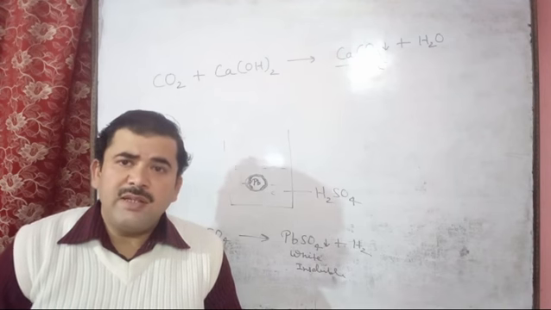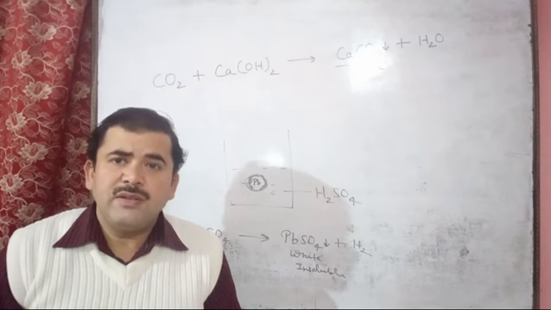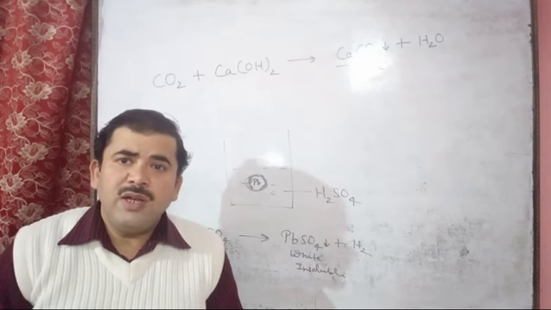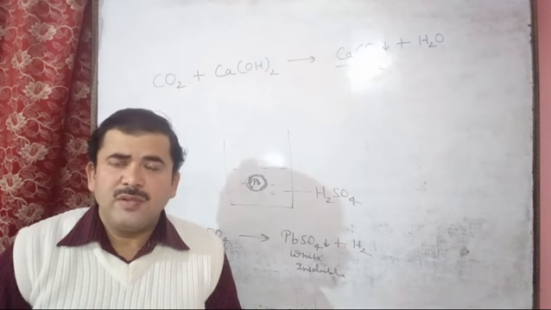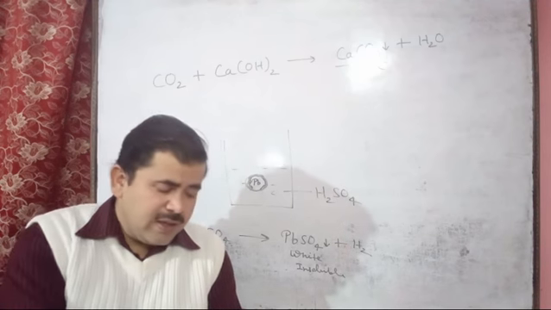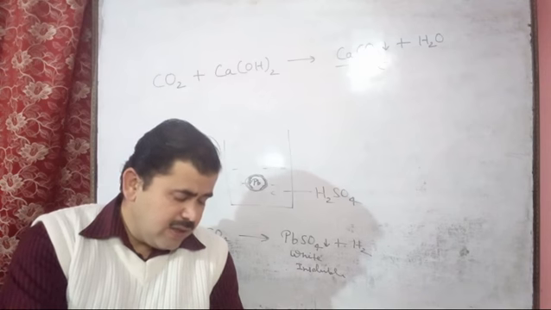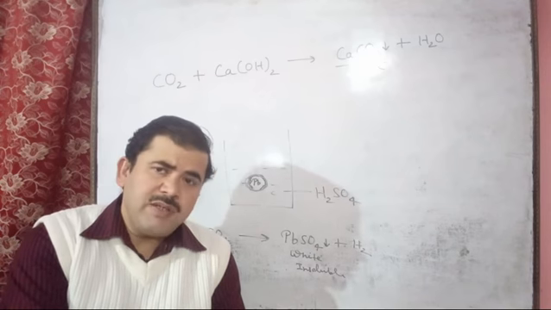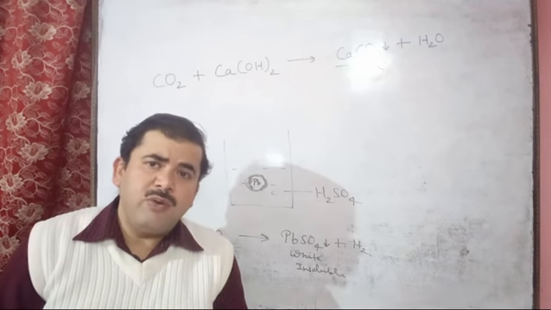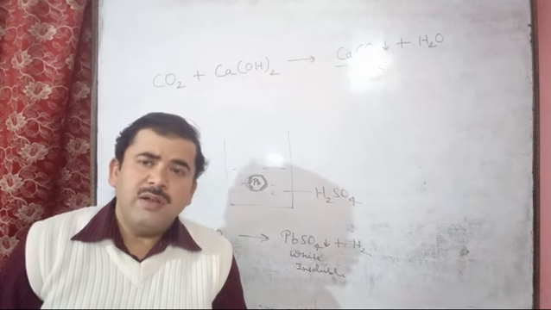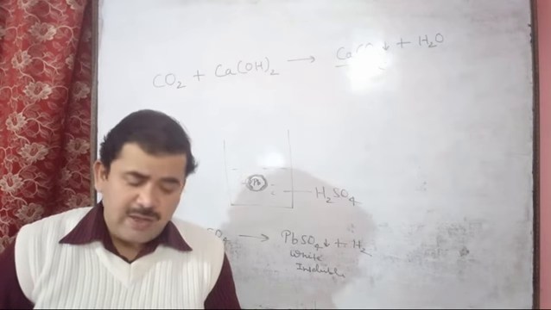So it does not have the capacity to displace hydrogen from the acid, because a superior element displaces an inferior element. Those elements placed above hydrogen have the power to displace hydrogen from the acid.